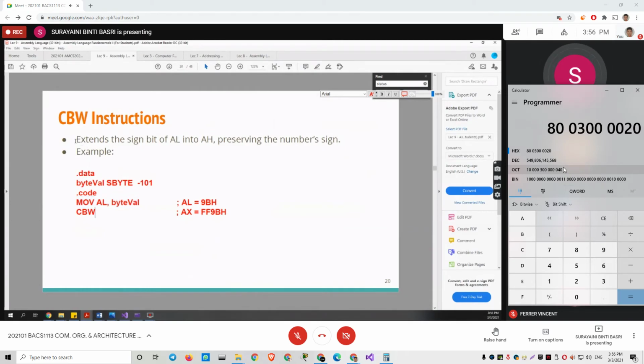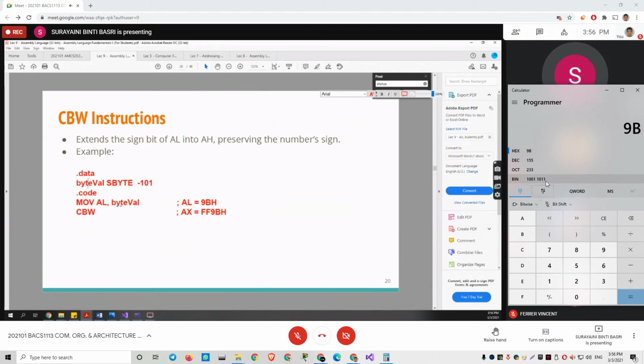Okay, so let's say in this example, you want to extend the sign bit of AL into AH, receiving the number sign. So in the example here, you put the byte value variable here, it holds -101.